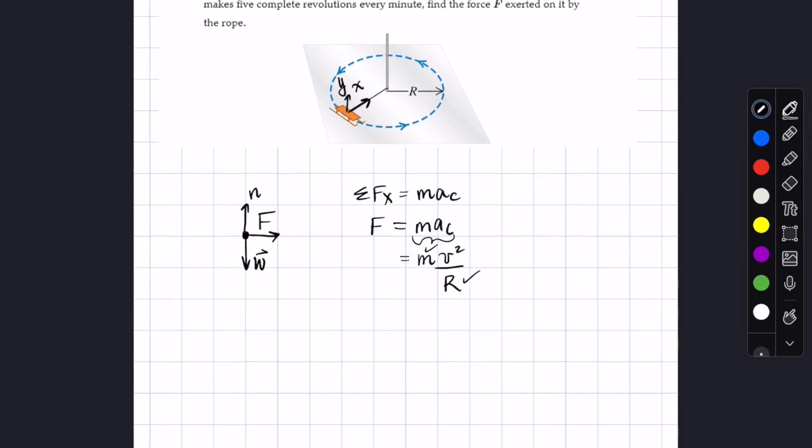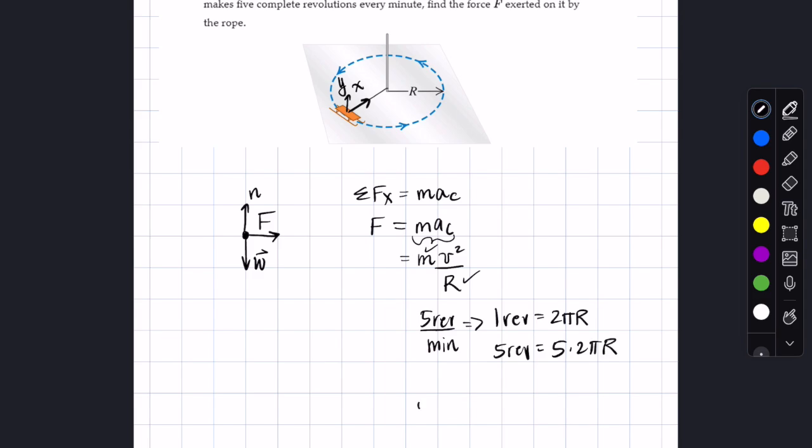What we know is that 5 revolutions per minute is how quickly the sled is making those circles, right? If one revolution has a distance of 2 pi times the radius of the circle, then 5 revolutions would have 5 times 2 pi times the radius of the circle, right?